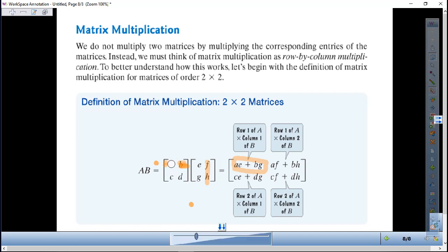So when I want to do my second row here, I'm going to do C, D times E, G. There it is, C times E plus D times G. And then that's going to give me my 2, 1 element, my 2, 2 element, second row, second column, C times F plus D times H. So that's a definition of how you do a 2 by 2 multiplication.